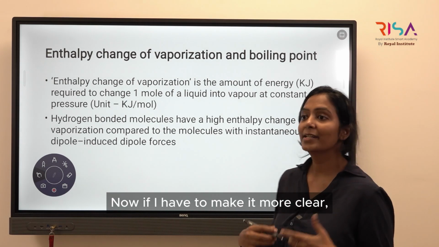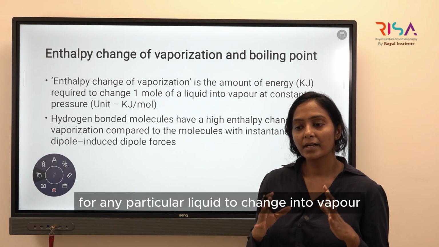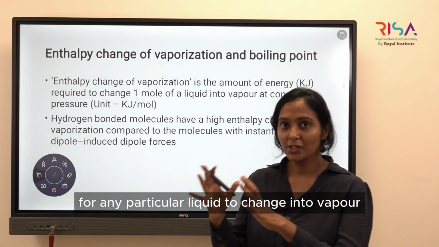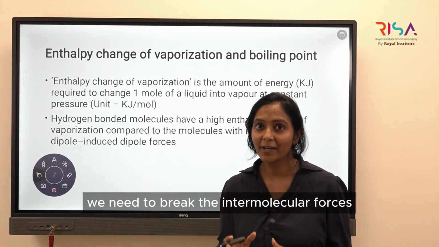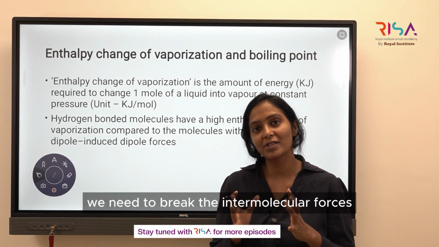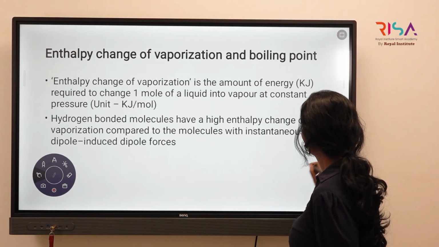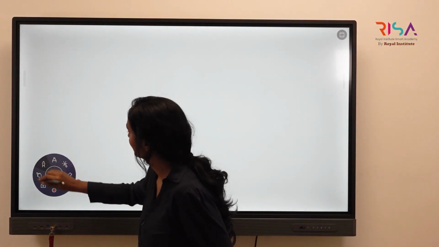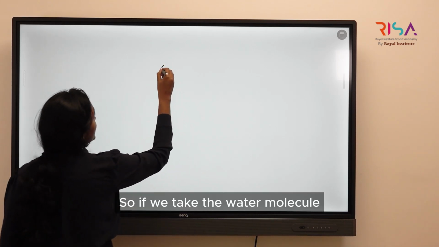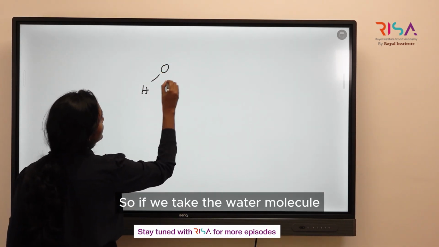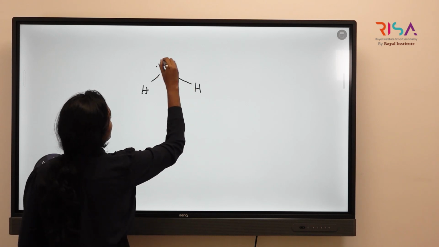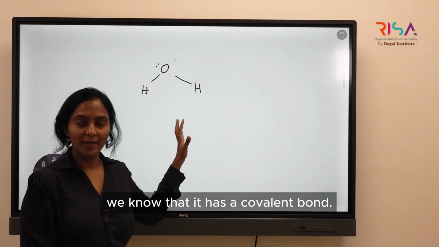Now, if I have to make it more clear, for any particular liquid to change into vapor, we need to break the intermolecular forces which exist between them. For example, if we take the water molecule, we know that it has a covalent bond.